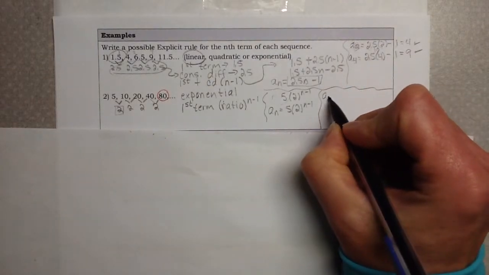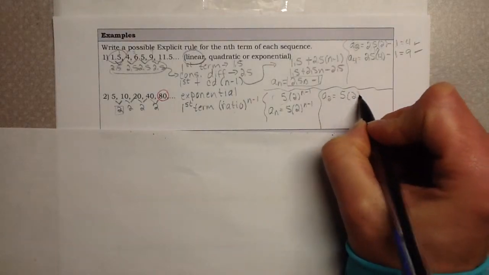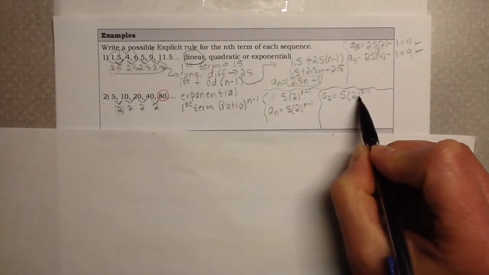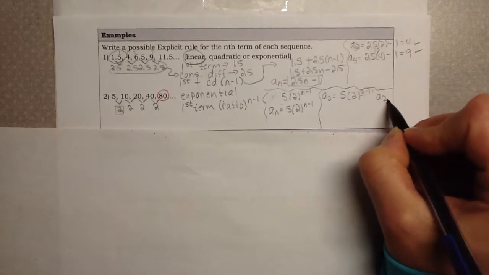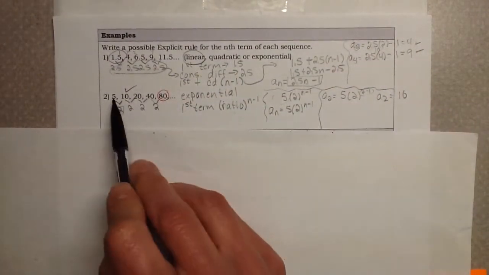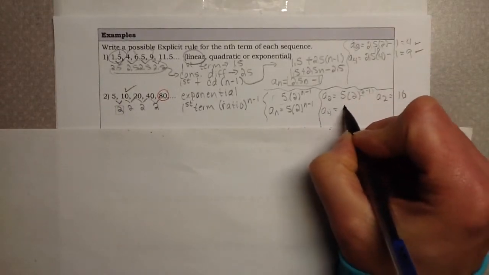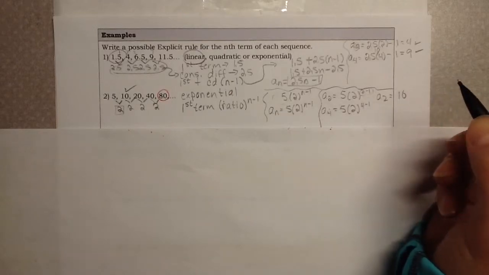So a sub 2 is going to equal 5 times 2 to the 2 minus 1, and that's just going to be 1, so it'll be 5 times 2. So a sub 2 is going to equal 10, and that's our second term. So 1, 2, 3, let's try the fourth term. A sub 4 equals 5 times 2 to the 4 minus 1.